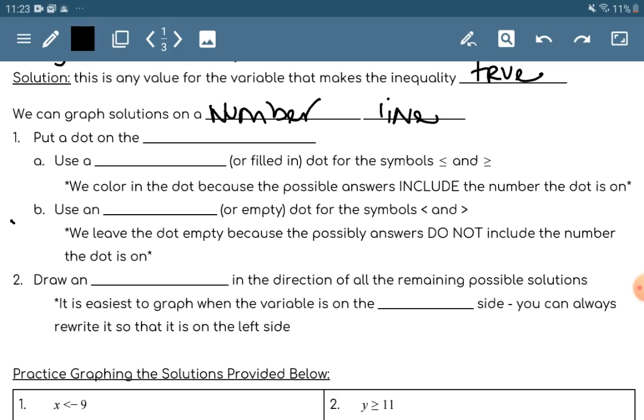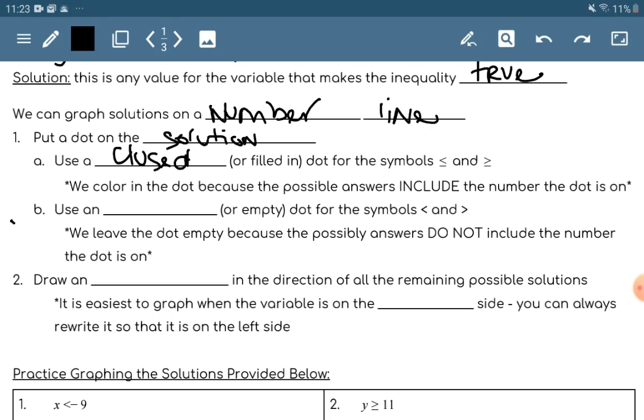In order to graph them, we first have to place a dot on the solution. And there are two different types of dots that we're going to use. We could use a closed or filled in dot for the symbols less than or equal to and greater than or equal to. It's that or equal to part, that line at the bottom, that tells us we have to close in the dot.